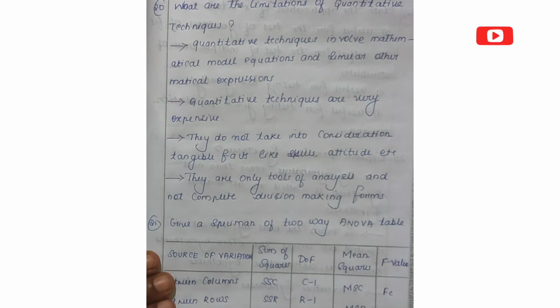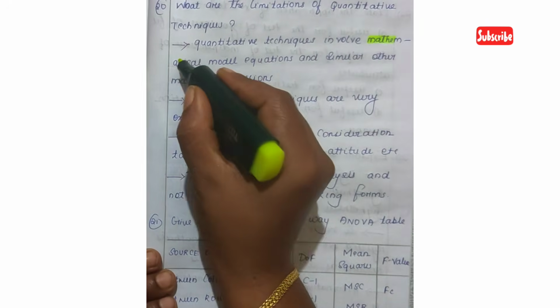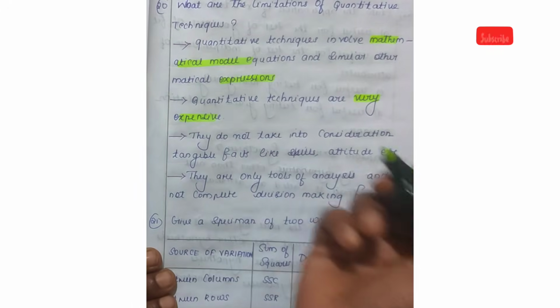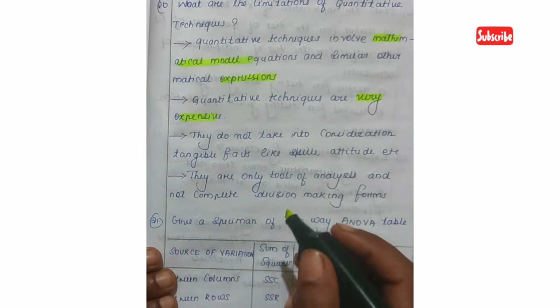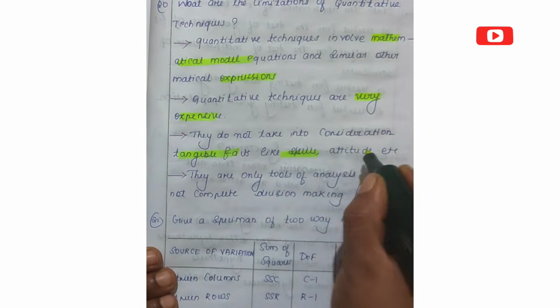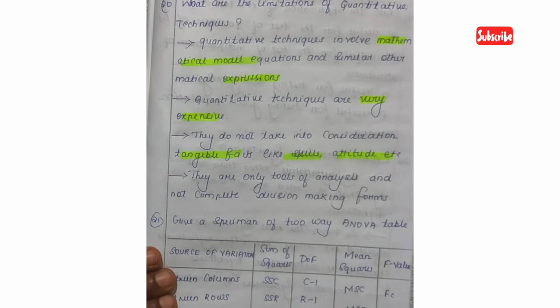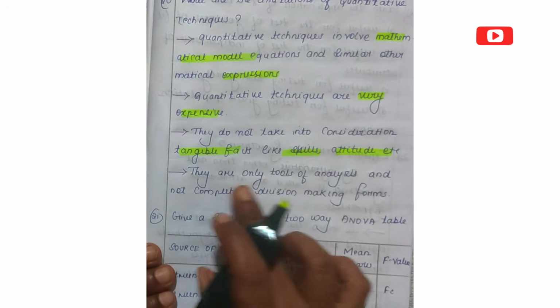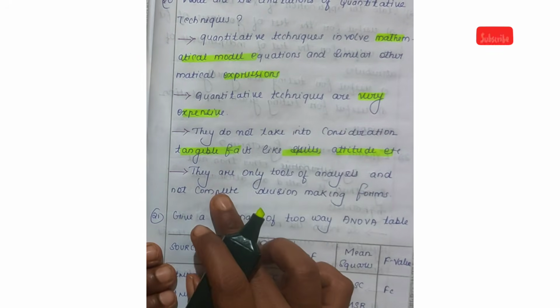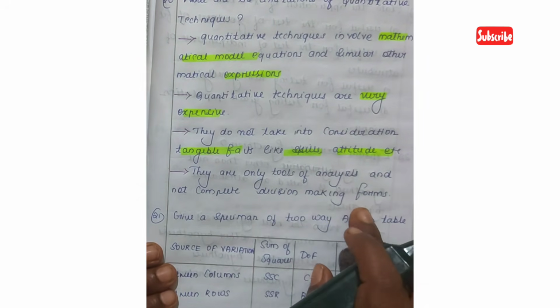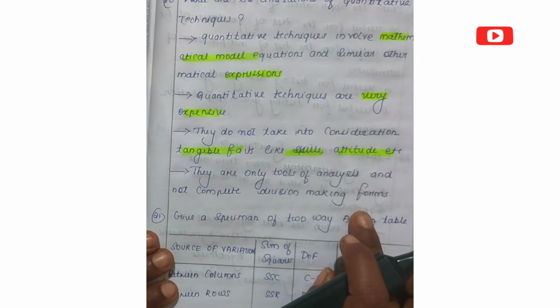So നമ്മുടെ ക്വാണ്ടിറ്റേറ്റീവ് ടെക്നിക്കിൽ മെയിൻ ആയിട്ട് മാത്തമാറ്റിക്കൽ മോഡൽസ്, ഇക്വേഷൻസും അതുപോലെ തന്നെ മാത്തമാറ്റിക്കൽ എക്സ്പ്രഷൻസും ഒക്കെ ഇൻക്ലൂഡ് ആണ്. വെരി എക്സ്പെൻസീവ് ആണ്. അതുപോലെ തന്നെ does not take into consideration tangible facts like skill, attitude എന്നൊന്നും കൺസിഡർ ചെയ്യില്ല ക്വാണ്ടിറ്റേറ്റീവ് ടെസ്റ്റില്. ദെൻ ഓർത്തിരിക്കേണ്ട ഒരു പോയിന്റ് ആണ്, ദേ ആർ നോട്ട് ഓൺലി അനാലിസിസ് ആൻഡ് നോട്ട് കംപ്ലീറ്റ് ഡെസിഷൻ മേക്കിംഗ് ഫോംസ്. ഓക്കെ, സോ ഇതെന്ന് പറയുന്നത് ഓൺലി ടൂൾ ഓഫ് അനാലിസിസ് ആണ് ആൻഡ് കംപ്ലീറ്റ് ഡെസിഷൻ മേക്കിംഗ് ഇതിന്റെ ഡിപ്പെൻഡ് ചെയ്തിട്ട് ആകാൻ പാടില്ല.